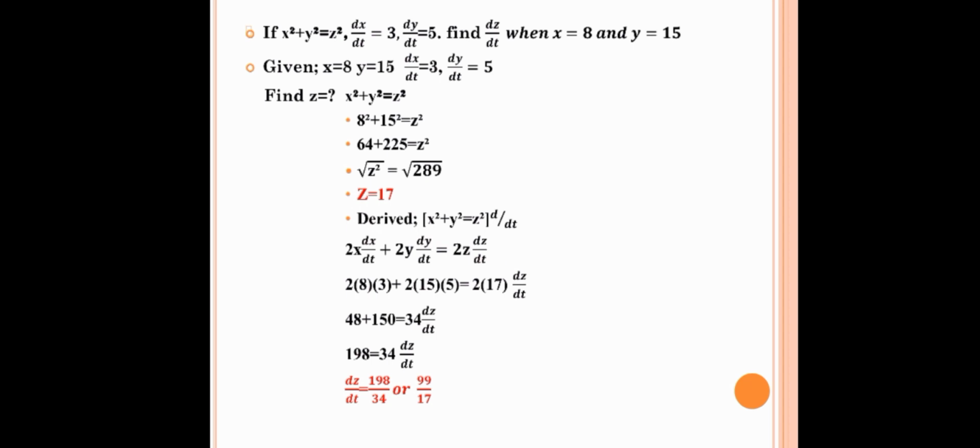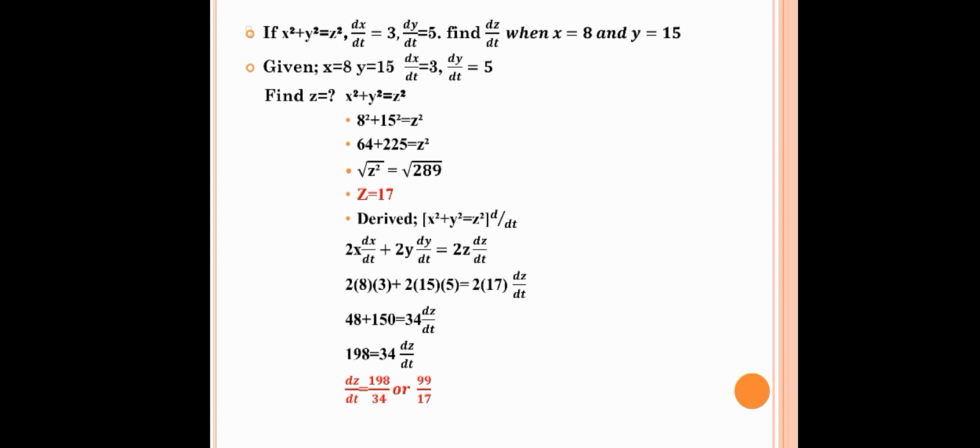We need to differentiate x squared plus y squared is equal to z squared with respect to t. So again, the derivative of this equation is 2x times dx over dt plus 2y times dy over dt is equal to 2z times dz over dt.